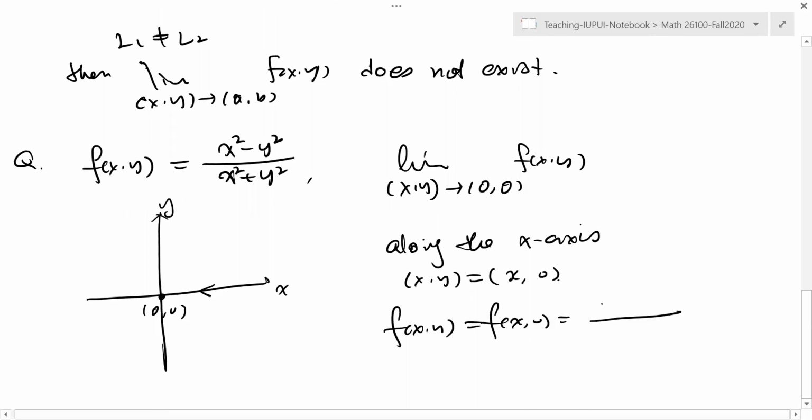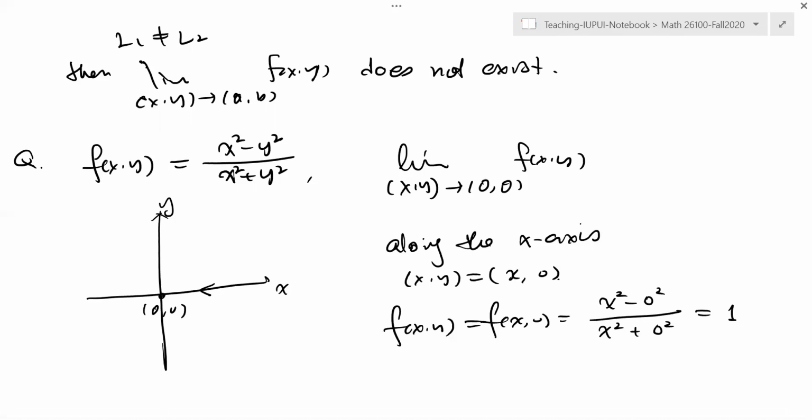When I plug 0 for y, I get x squared minus 0 squared over x squared plus 0 squared, which is x squared over x squared, and that's always 1. So along this line, the function has constant value, which means it approaches 1, of course.